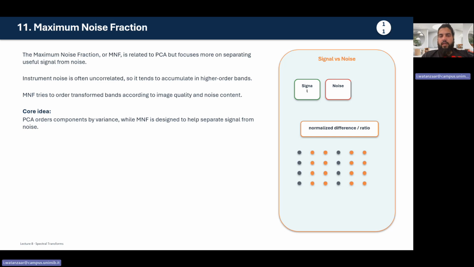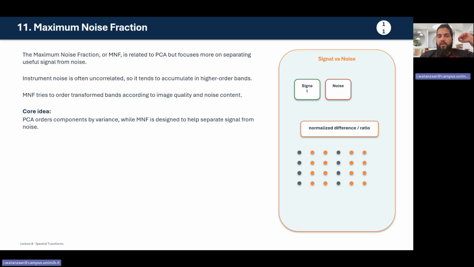That is obvious in the later, higher principal components, where we can see lower details and still keep them. That's what we are trying to do: separate the useful signal from the noise. We know in the higher components we also see noise because the details are small, but we would still like to keep them in the maximum noise fraction.